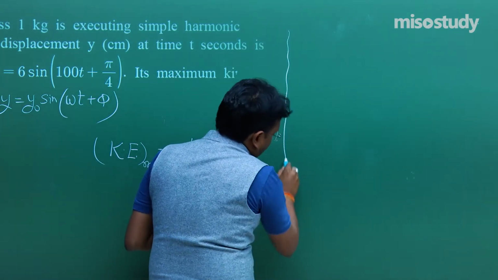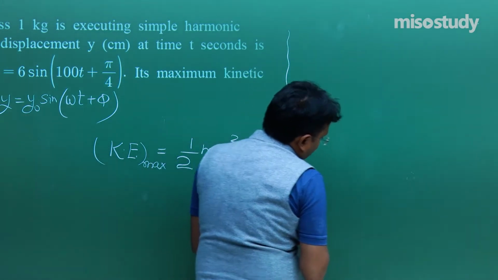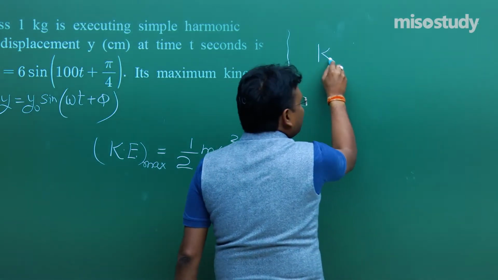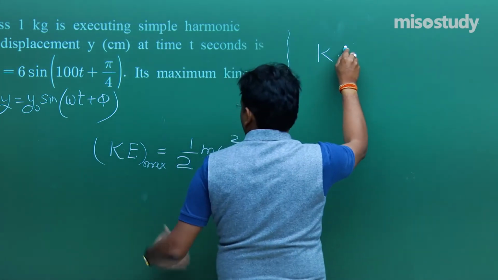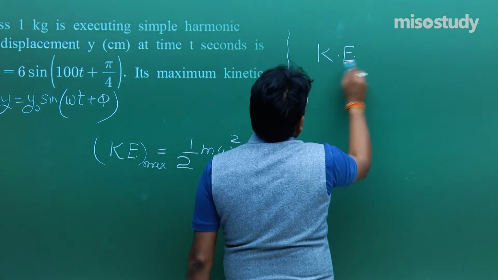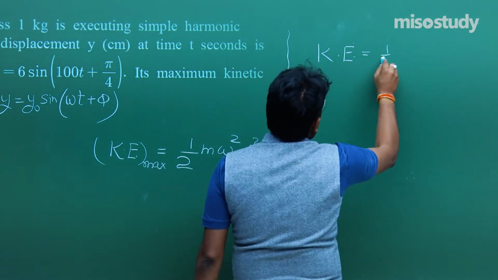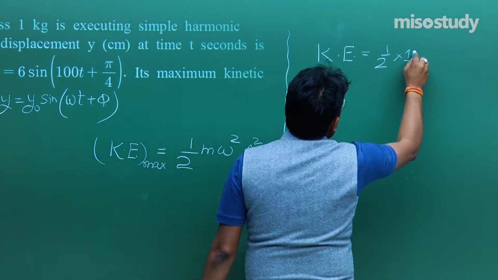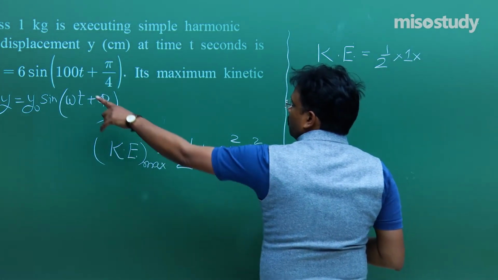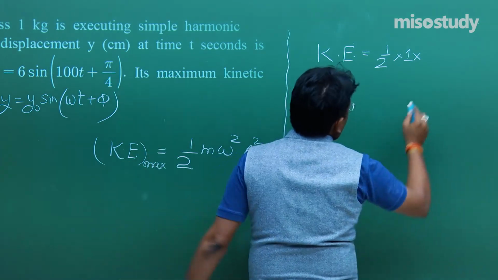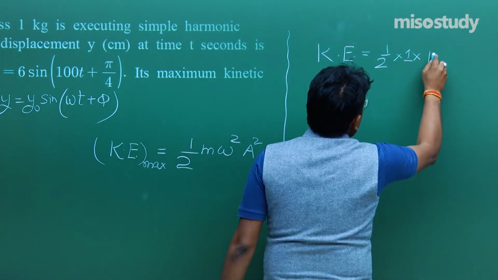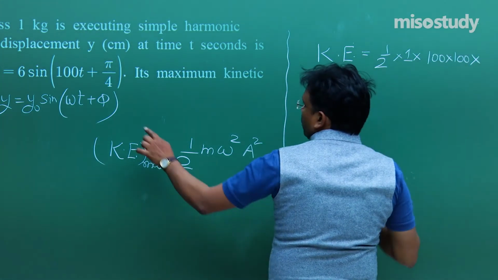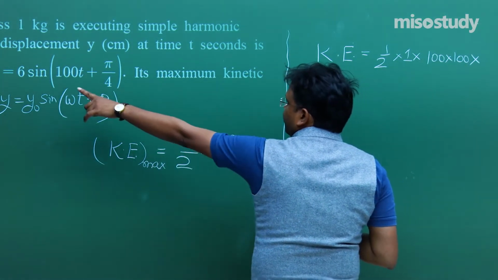So, as per your requirement I am going to explain it. So, let us put the values. I hope that is quite a simple aspect. Fine, but just for the sake of mentioning it, half m is 1 into 1 into omega square. So, 100 into 100. Okay. So, 100 into 100 into a square. A square is 6.